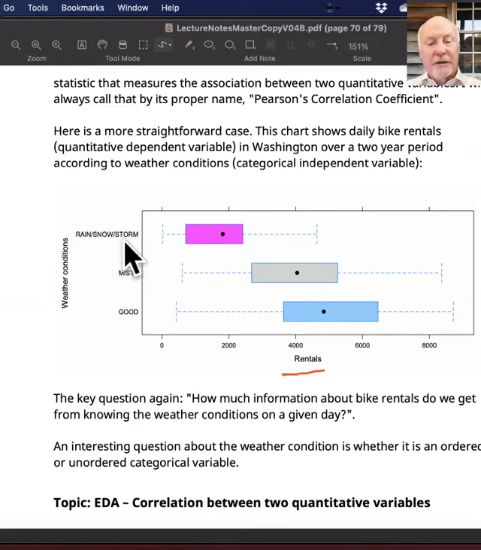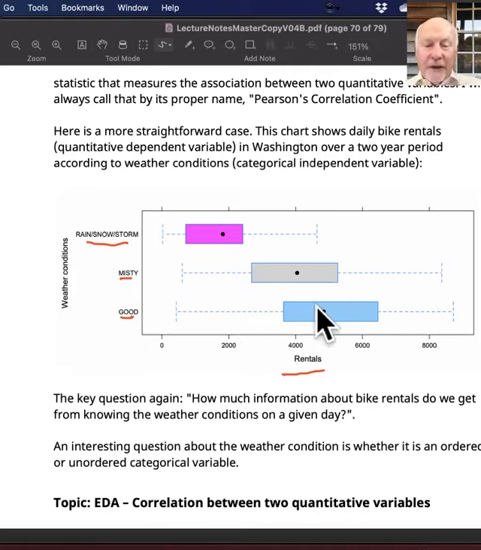There were three. This is a categorical variable. It had three categories: some combination of rain, snow or storm, or misty, or what they describe as good weather, which means none of those two. One thing I learned from this is that Washington seems to be misty a lot of the time.